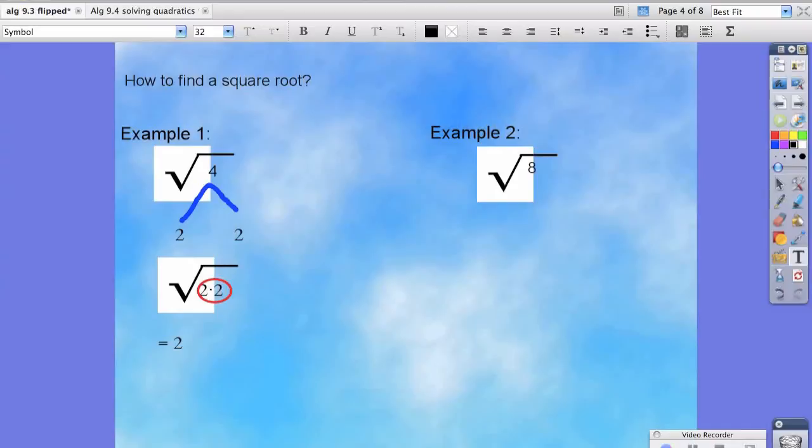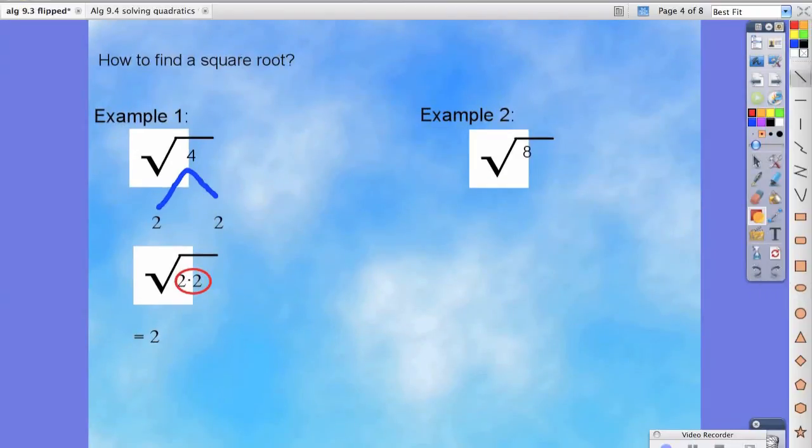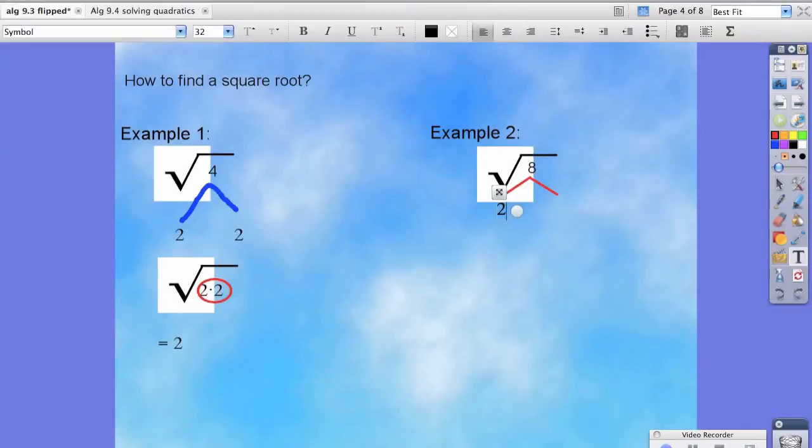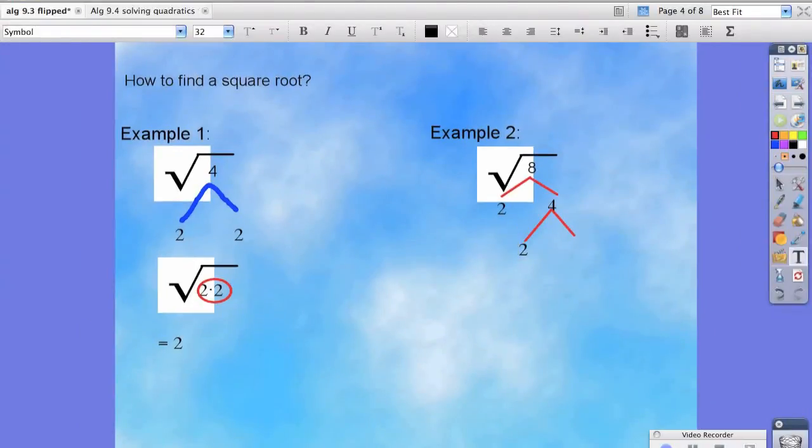Example 2 should give us a better idea of what we're looking for and how to simplify these. So, square root of 8 is 2 times 4. And 2 is already prime, so we're going to break down the 4 a little bit more. So this gives us 2 times 2.